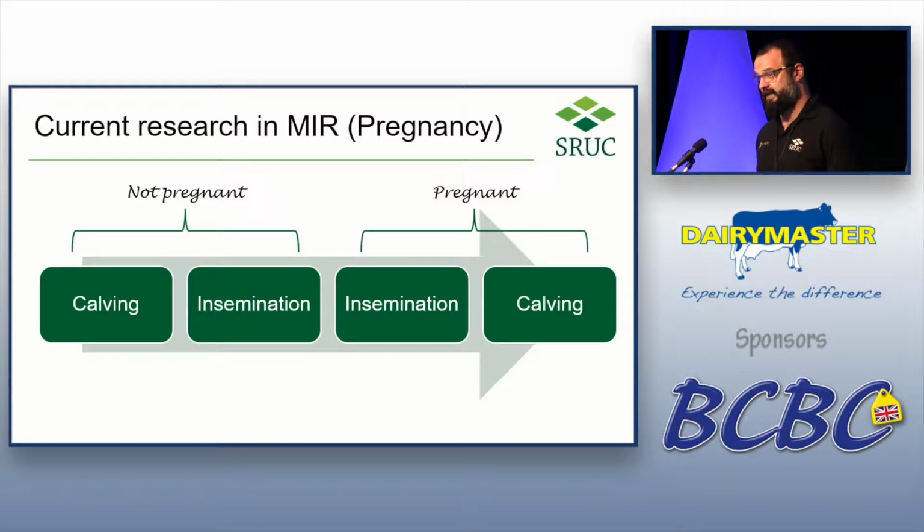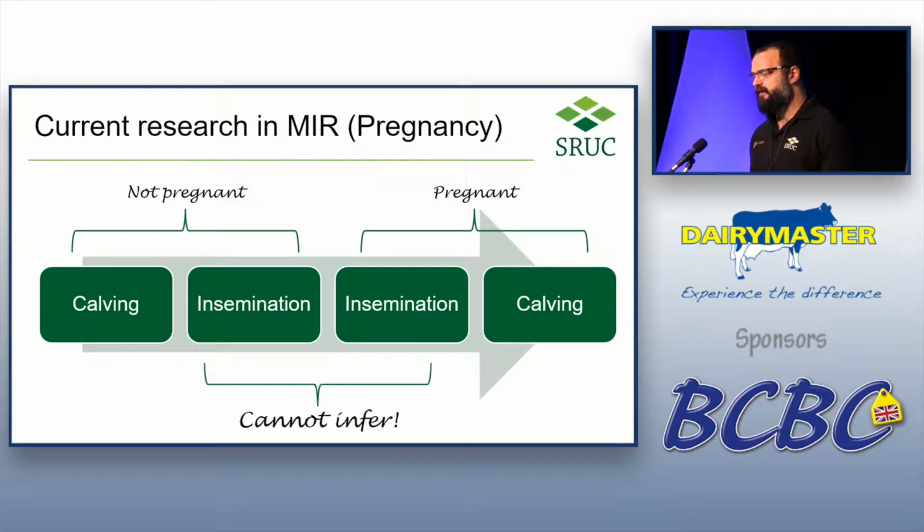Any spectral records can be labeled as pregnant. But we had this difficulty in the middle here. We couldn't really use it because she was inseminated, and 30, 40 days later she was inseminated again. What was the reason? Did the farmer miss that insemination, or was it purely that she got pregnant but sort of rejected or resorbed the embryo? So we were stuck with those two outer limits of the lactation, essentially.